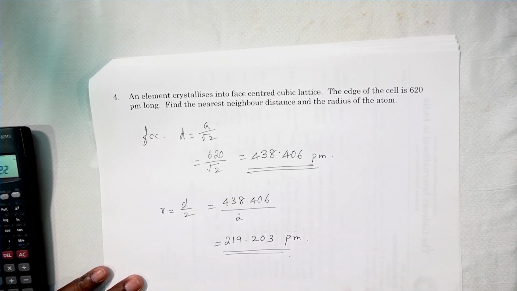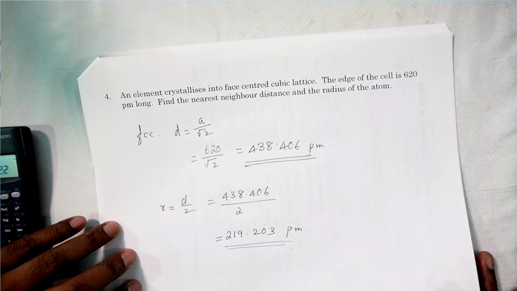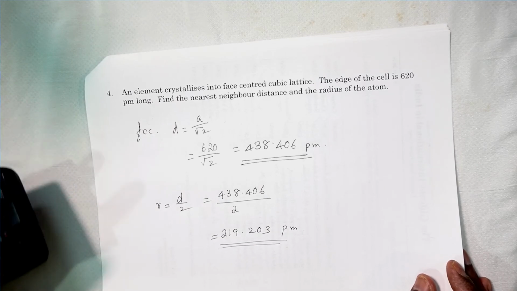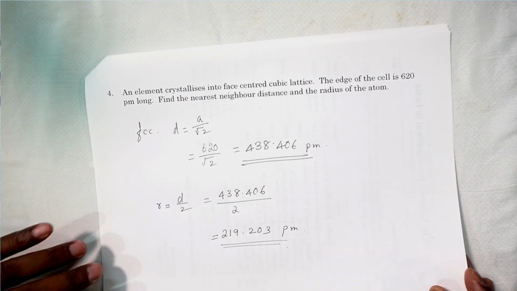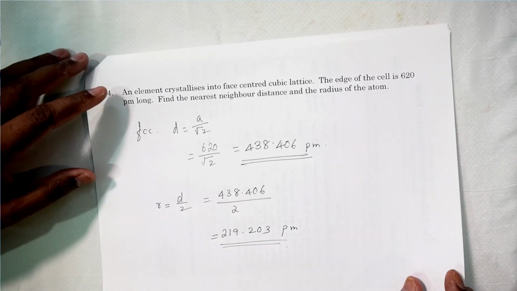So this is also calculated. This way you can calculate problems related to edge length, the interionic distance, and also the radius of the atom. All this can be calculated using these formulas.